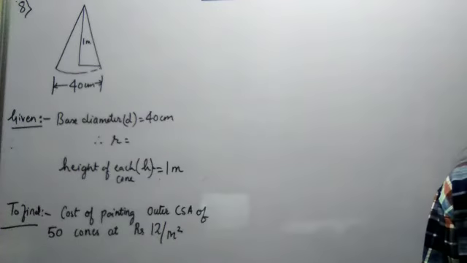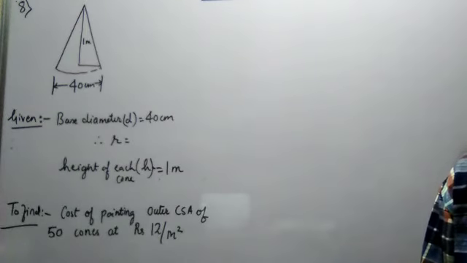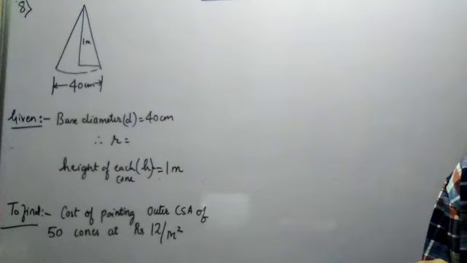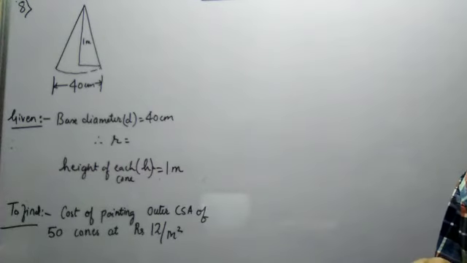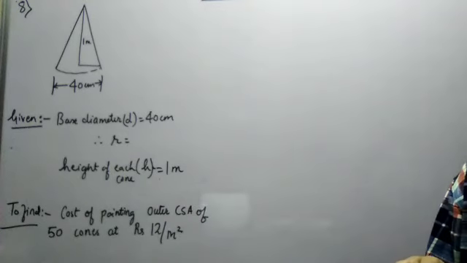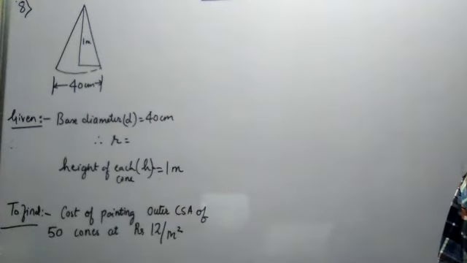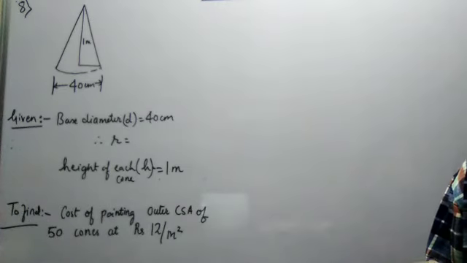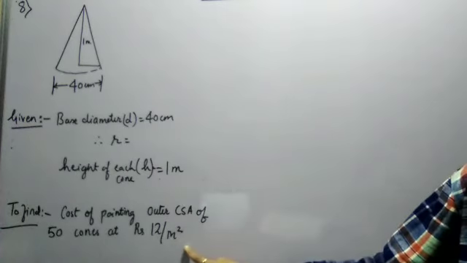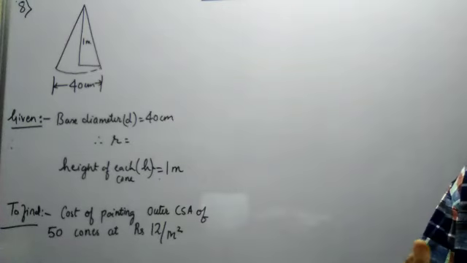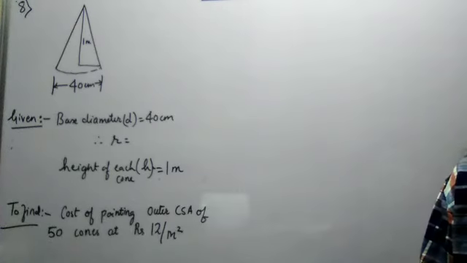Now let us see the next question. Question number 8. A bus stop is barricaded from the remaining part of the road by using 50 hollow cones made from recycled cardboard. Each cone has a base diameter of 40 centimeters and height of 1 meter. If the outer side of the cone is to be painted and the cost of painting is rupees 12 per meter square, what will be the cost of painting all these cones?